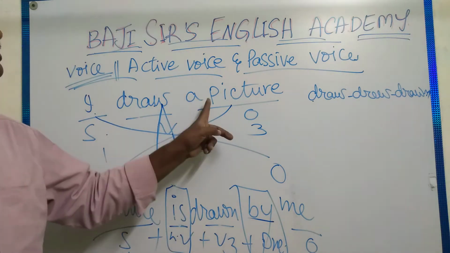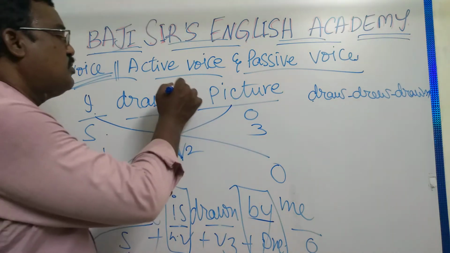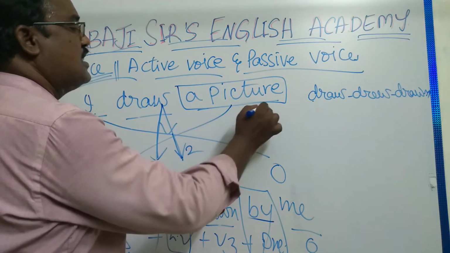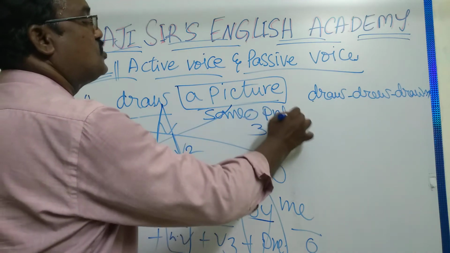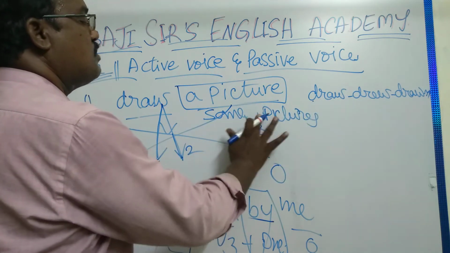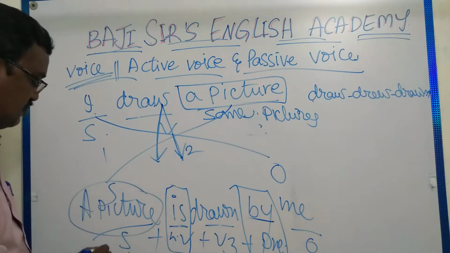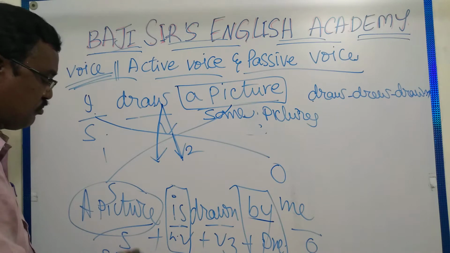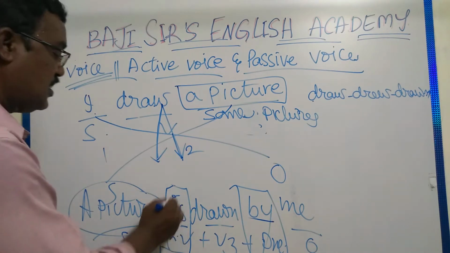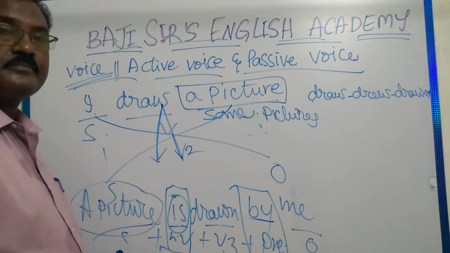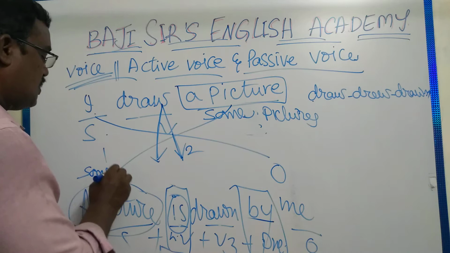I drew some pictures, for example. Then in the place of a picture, we write some pictures. Some pictures means plural, so automatically is became are.